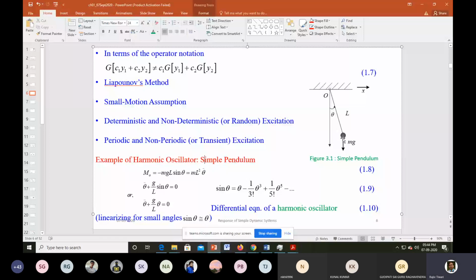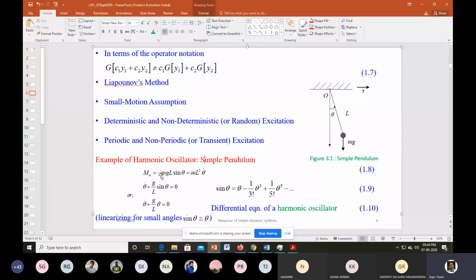I'm talking about the perpendicular one, so that will be mg sine theta. And this is trying to rotate the pendulum opposite to the displacement. You can see it is pushing this side, which is opposite to the displacement. So we write that with a minus sign: minus mgl sine theta.